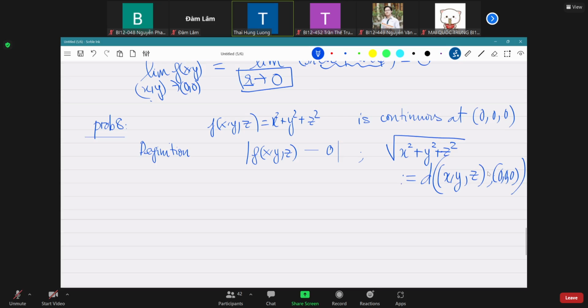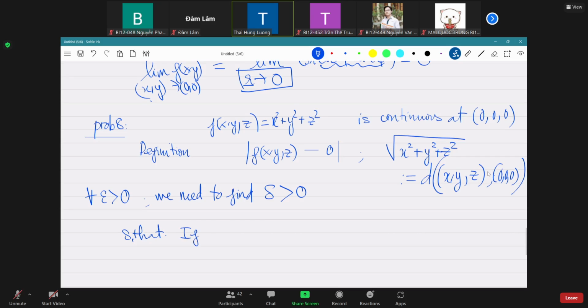Okay, so let me recall the statement of the definition. For arbitrary epsilon greater than 0, we need to find a number delta depending on the epsilon, such that we have this relation.